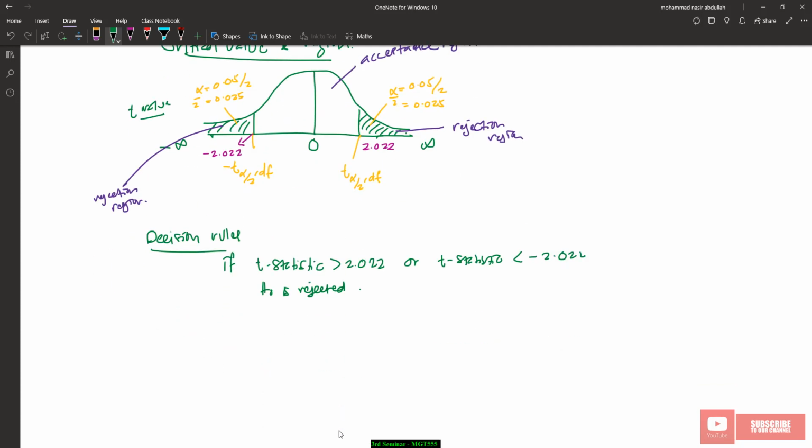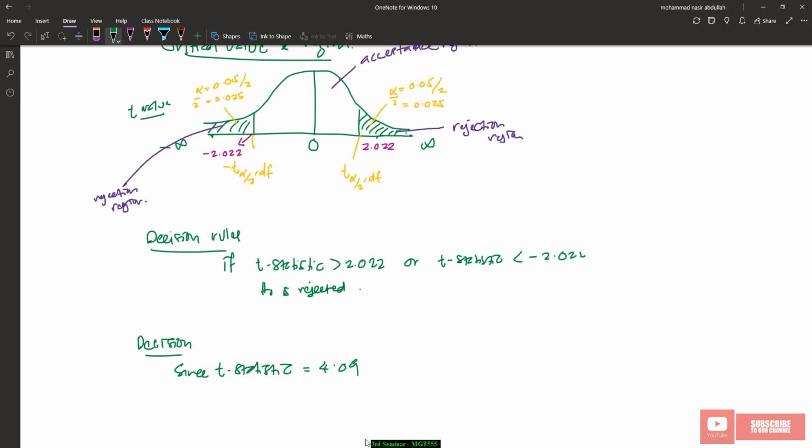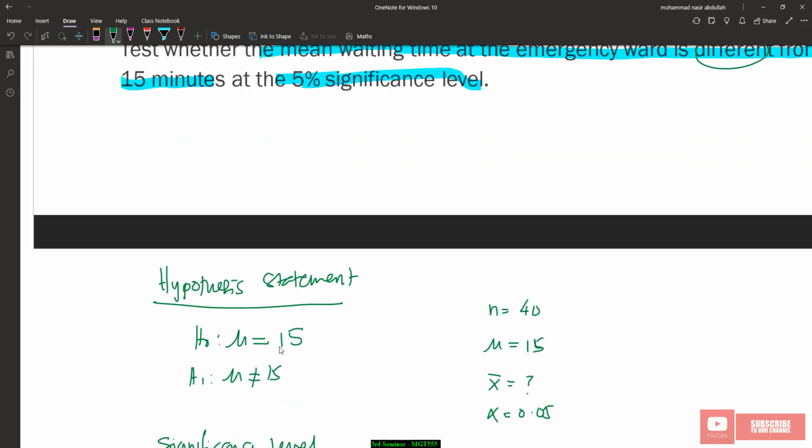So since the T statistic is equal to 4.09, which is more than 2.022, which is the first condition, the null hypothesis is rejected. So we are going to reject the null hypothesis.